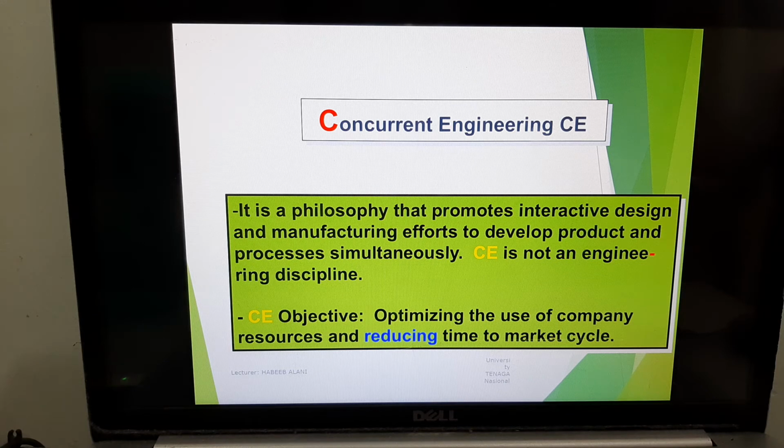So what do you mean by this objective? By having concurrent engineering, you make sure that you're reducing your manufacturing time and maximizing your product output. That means in a shorter time, you're able to produce more products.